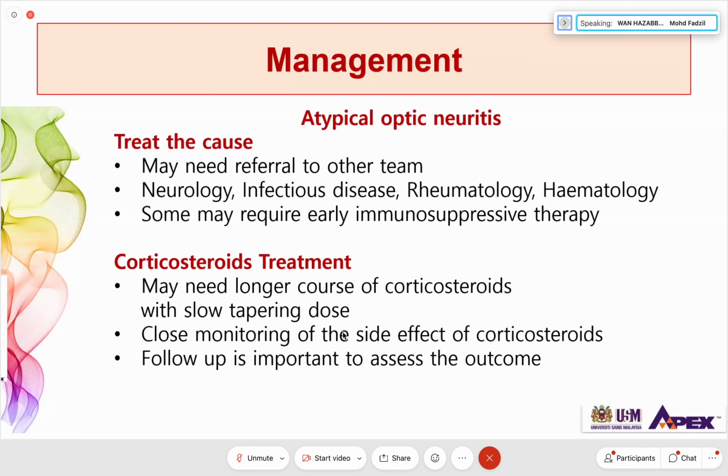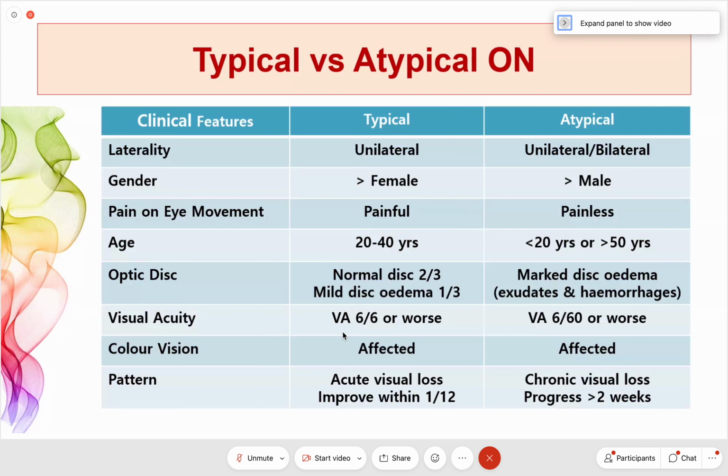That means the patient does not have any signs of infective causes. So you may consider steroid, but you may adjust accordingly, depending on the patient's response. So again, same as before, typical and atypical.